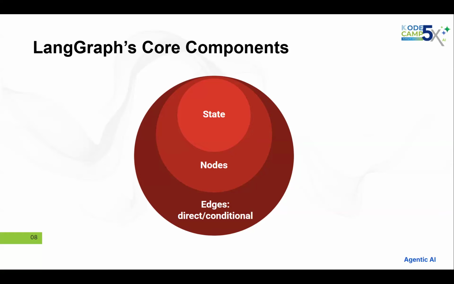If there's an edge between node A and node B, it means that the agent execution can move from node A to node B. But if there's no edge between them, then it cannot move from node A to node B. Remember that these edges are directional, right? If it's not a bidirectional edge, then you can only move from A to B.